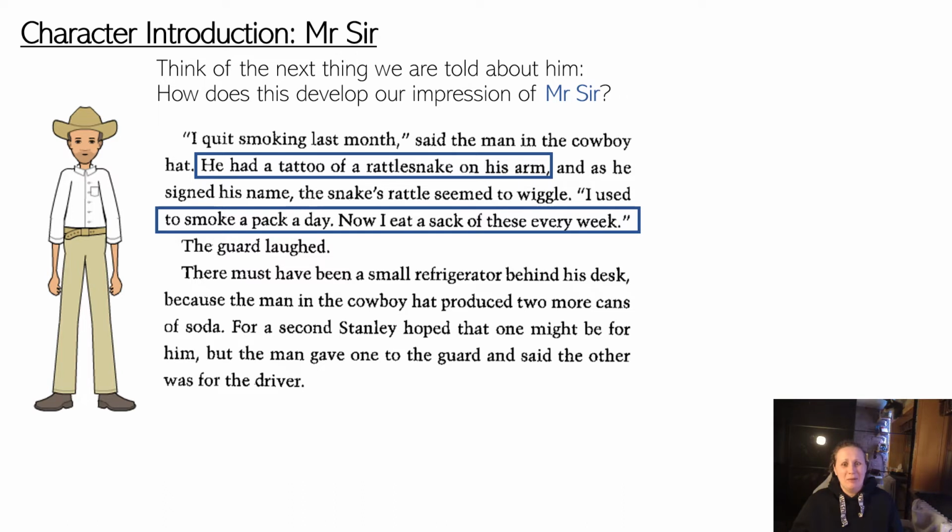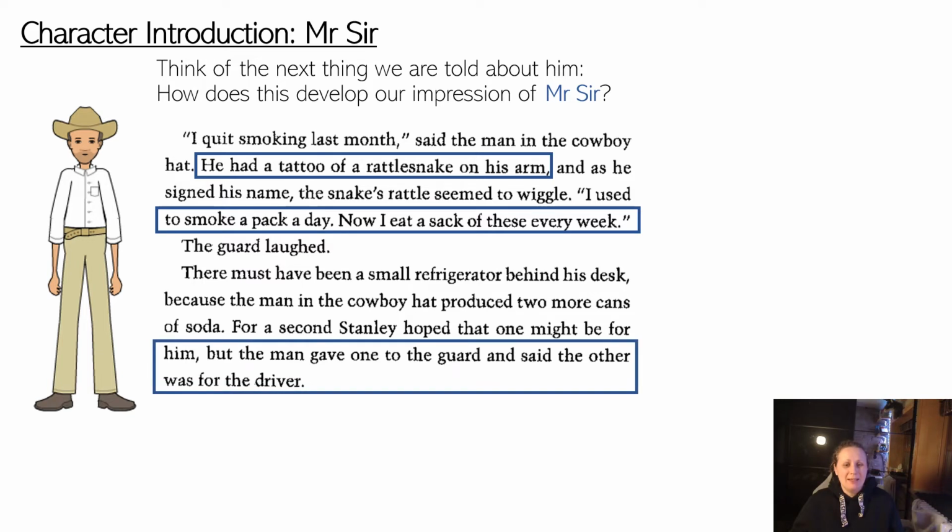They eat a lot, but they don't eat a sack of them. A sack of sunflower seeds every week, that's a lot. Why does he need to do that when he's given up smoking? And then he didn't give Stanley a can of soda, he gave one to the guard and one to the driver. So what does that do to our impression of Mr. Sir?